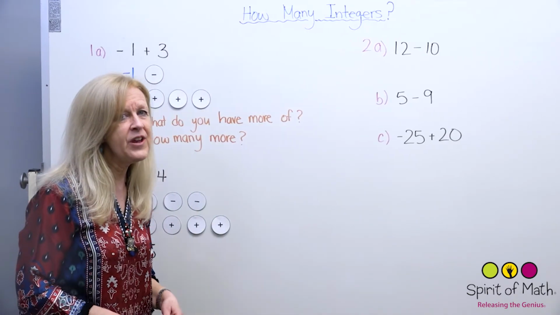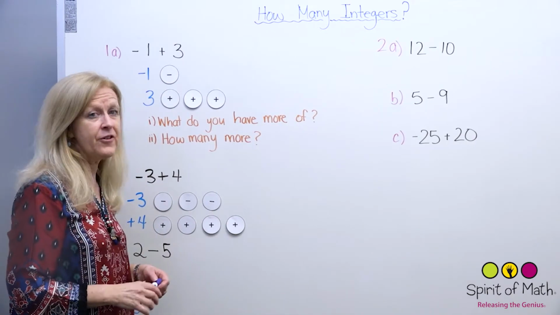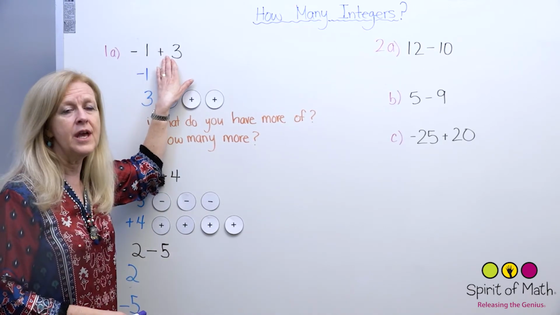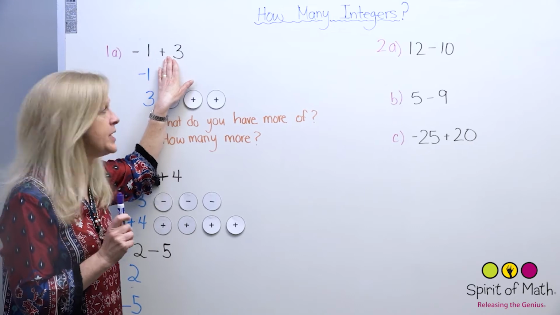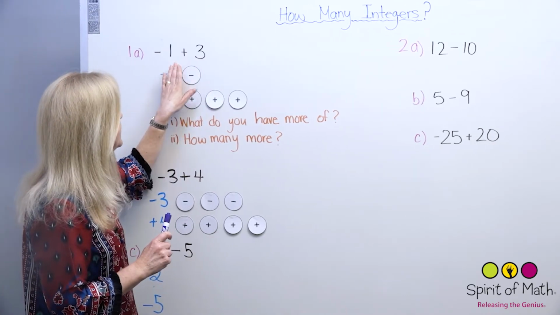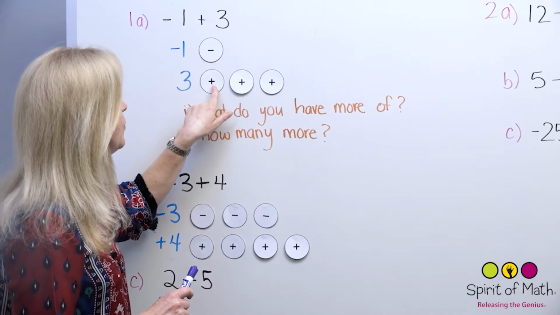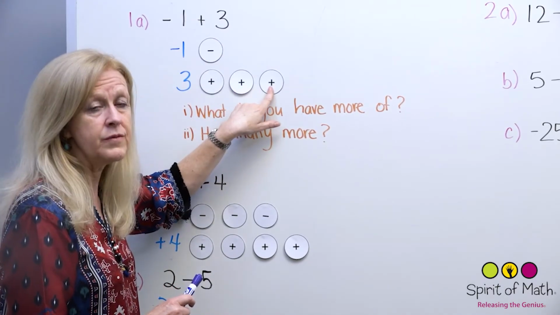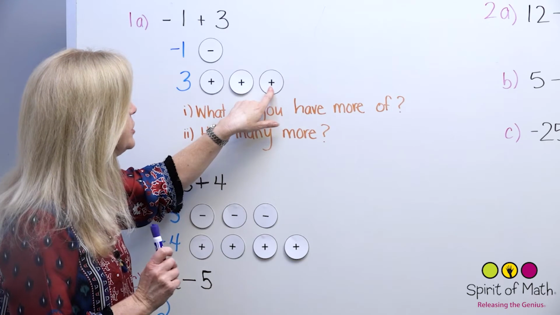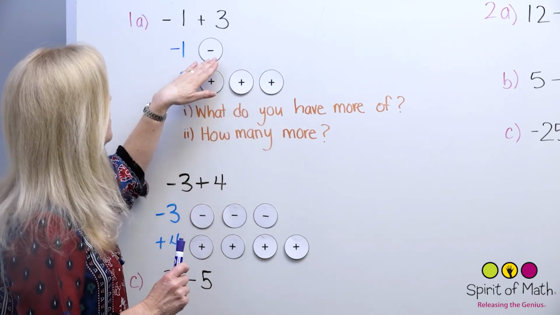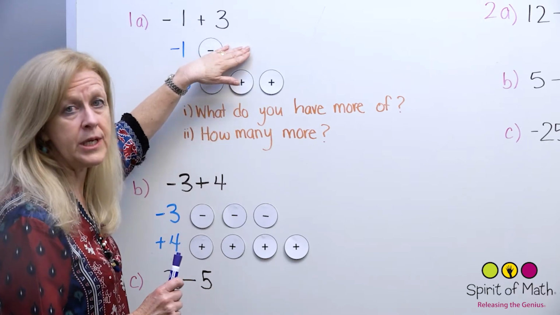So let's look at the very first one. What we've got is -1 plus 3. What I want you to think about is that you've got one negative, here's one negative, and this indicates that you've got three positives, 1, 2, 3 positives. So now you want to think about, do I have more positives or do I have more negatives?